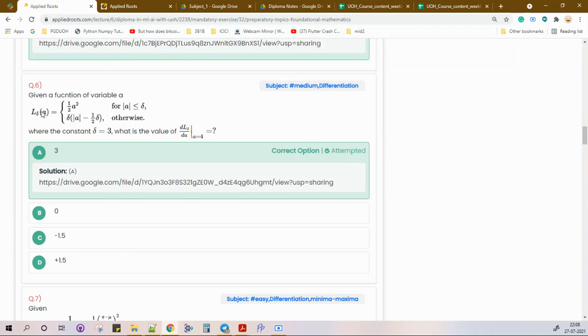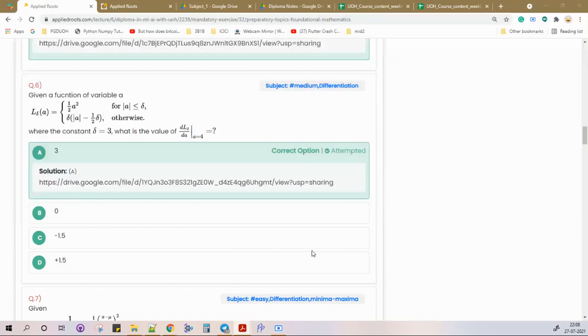Our equation is L equal to delta times mode A minus half delta square. If A was 2, then we would need to consider half A square and ignore this equation, correct?